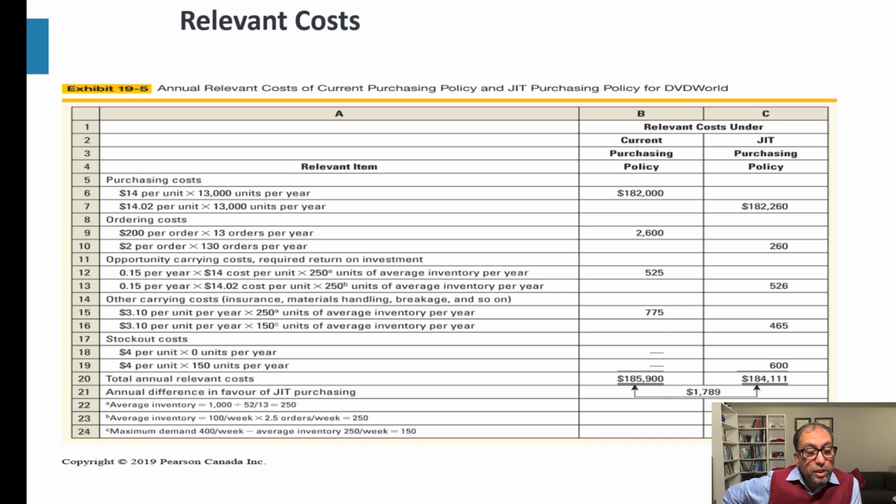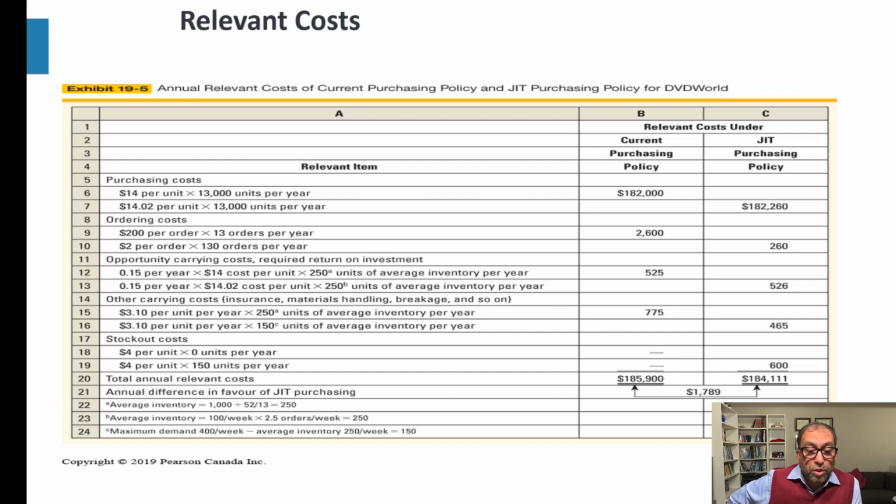The other case is 525, so it's not a big difference. Other carrying costs: insurance, material handling, breakage, and so on. $3.10 per unit per year into 250 average inventory, and $3.10 per unit per year, where the average inventory is 150. So we have a difference here, 775 and 465.